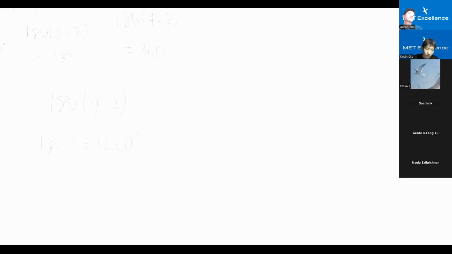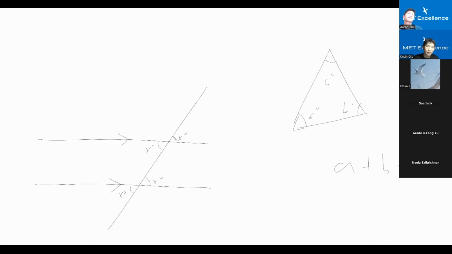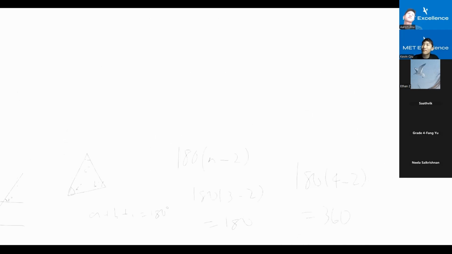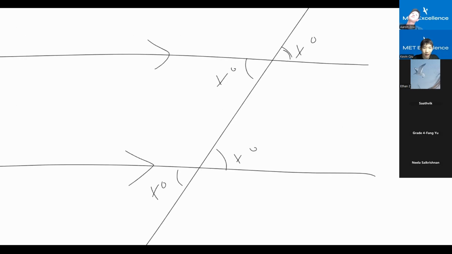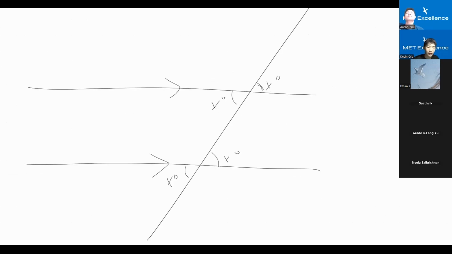So knowing this triangle property and this parallel, oh wait, that feels like a bad idea actually. So yeah, knowing this triangle property, we can go ahead and prove our alternate interior angles. So we're gonna draw an altitude there, making this a right triangle.